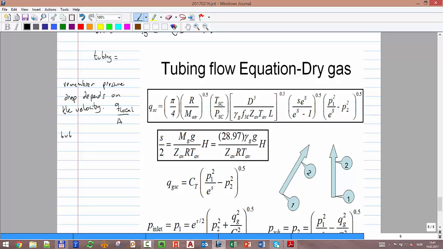But we need an equation in terms of surface rates. So we need a conversion factor between local rates and surface rates.